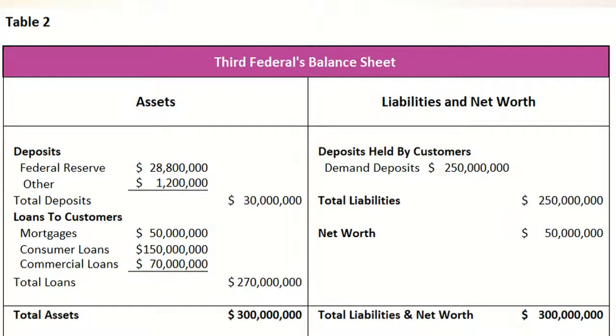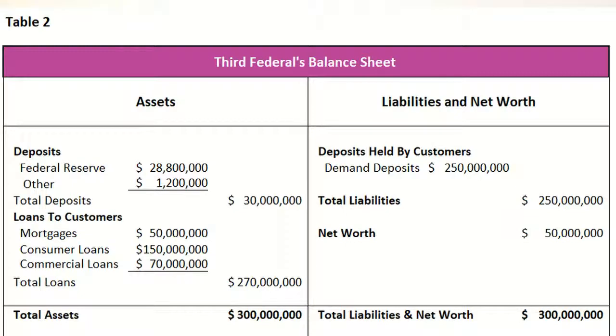Cash on hand, deposits with the Federal Reserve, and loans are its primary assets. That's right. Banks maintain deposits with the Federal Reserve. Think of the Federal Reserve as being a banker's bank. Third Federal's primary liabilities include the funds it holds as deposits for its customers, and its net worth is the difference between its assets and liabilities.